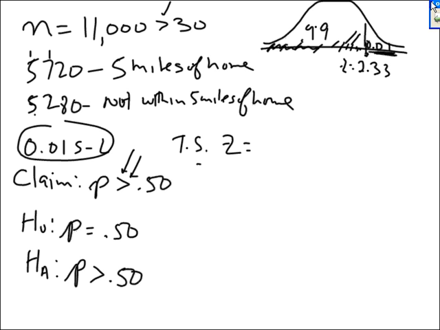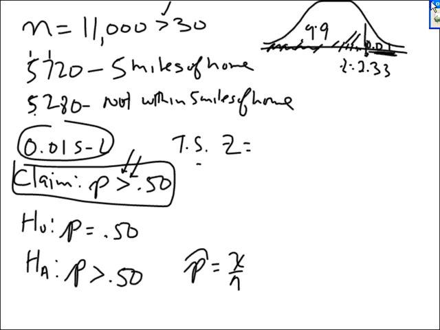So what is the test statistic? z is equal to p hat. Remember that p hat is x over n, number of successes, and we're talking about the claim of being within 5 miles of home. Over 50% of the people who had accidents were within 5 miles of home. So success is being within 5 miles of home.